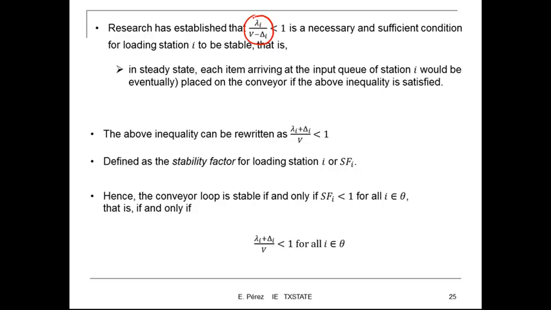That is, in steady state, each item arriving at the input queue of station i will be eventually placed on the conveyor if the above inequality is satisfied. The above inequality can be rewritten in the following way.